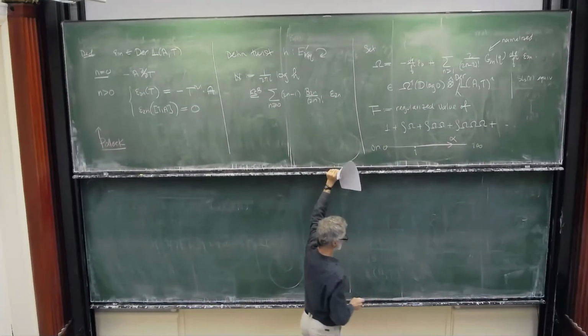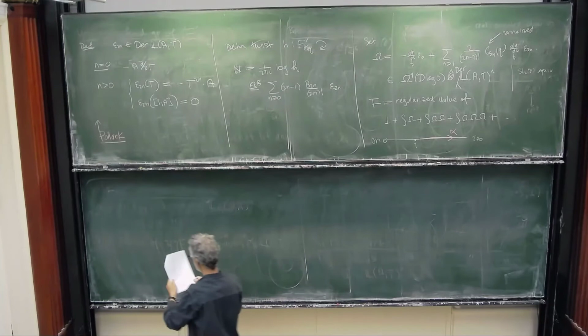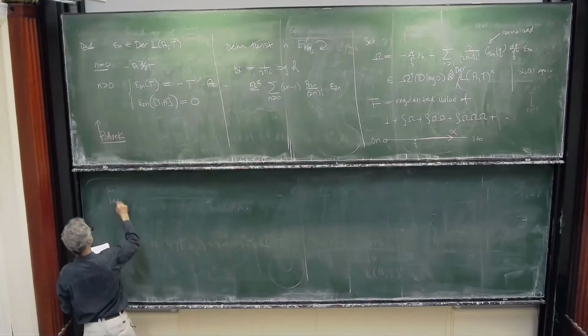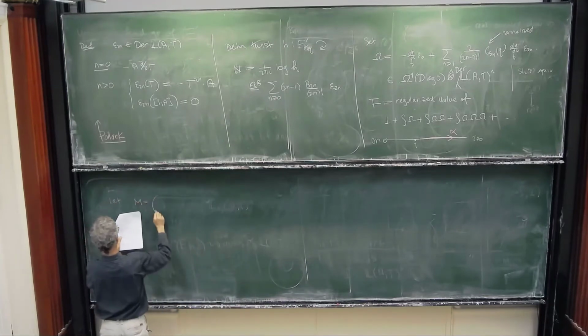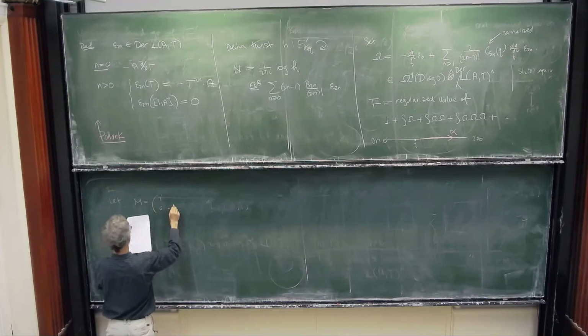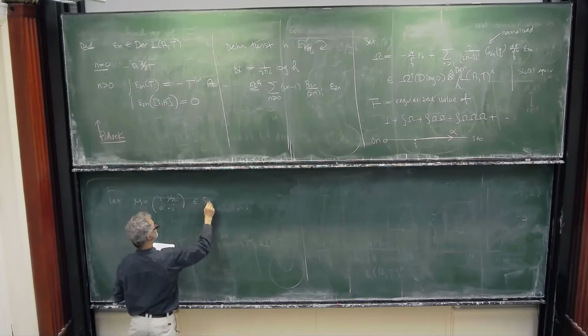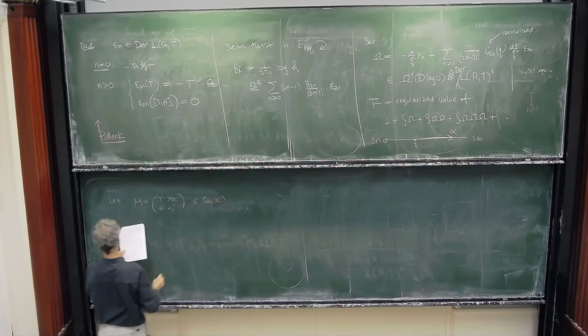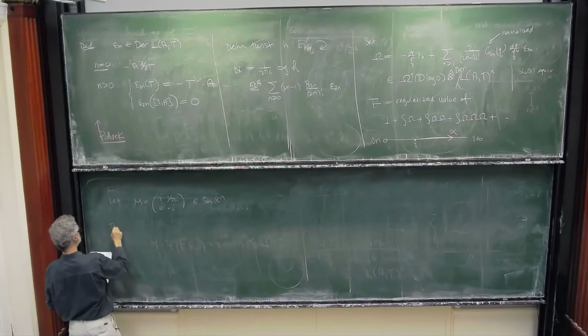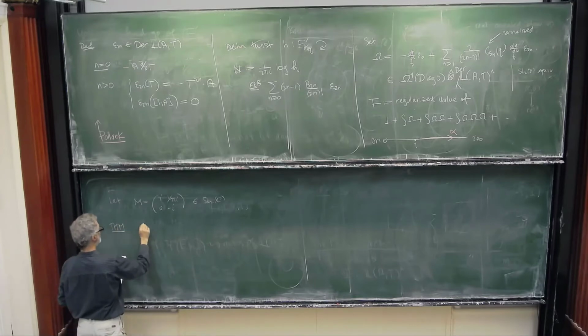All right, so the formula here is, and so I'm going to let M be equal to I_0 minus I_1 over 2 pi i, and this is in SL2C. And so the theorem is that the modular inverter associated to KZB.